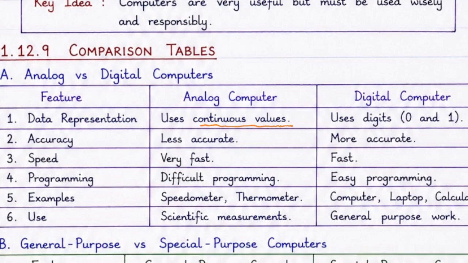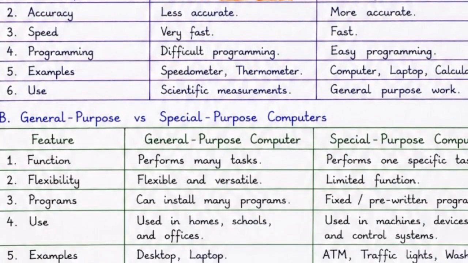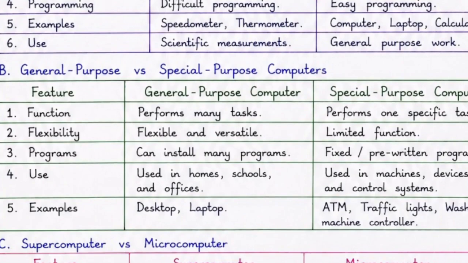So we want to look at general purpose and special purpose computers. Features, function: a general purpose computer performs many tasks. It is flexible and versatile. For programs, you can install many programs on your computer, or even on your phone.